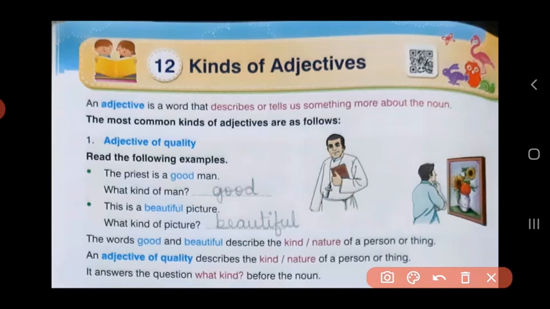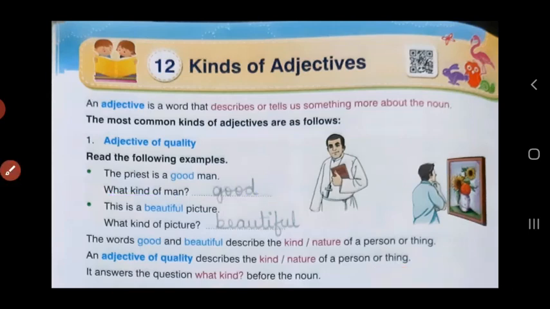The first sentence says, "The priest is a good man." Now here they are talking about the priest who is a man. But what is the word describing how the priest is? What kind of man is the priest? The answer is good.